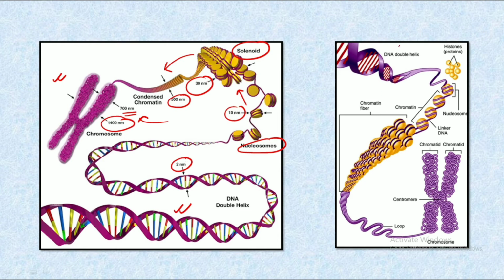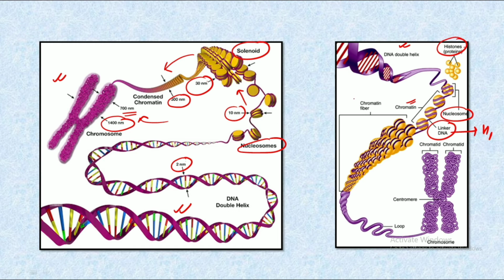So we have the DNA double helix, the histone proteins, and the nucleosome, which is formed with the help of the core particles and the H1 histones. There occurs the formation of the chromatin by the help of the packaging, and also the linker DNA, which is the H1 histone that we have talked about.